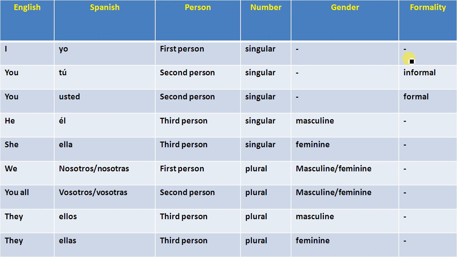So when you are giving respect, that is formal, and when you are talking normally, that is informal. So yo can be used for I, and it can be formal or informal.